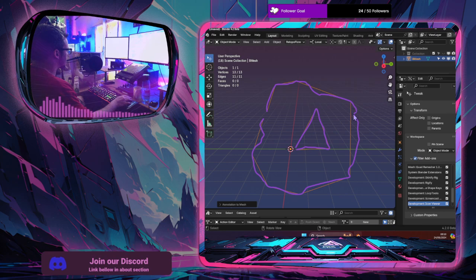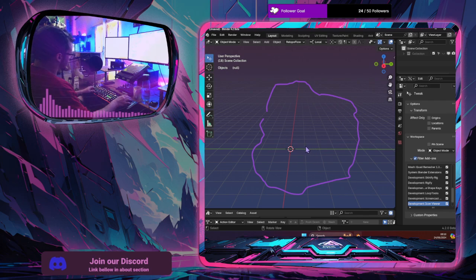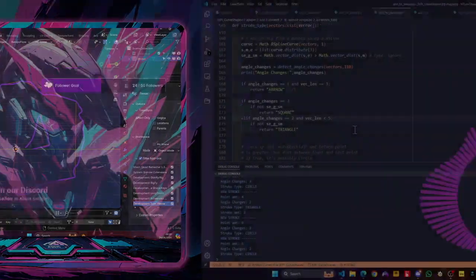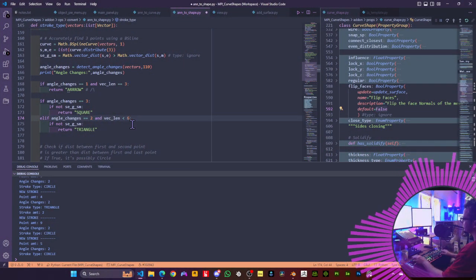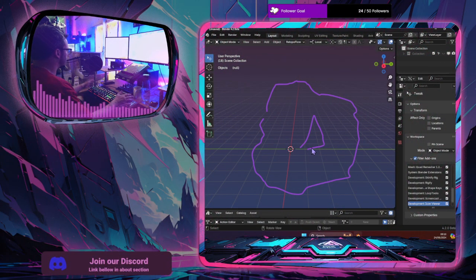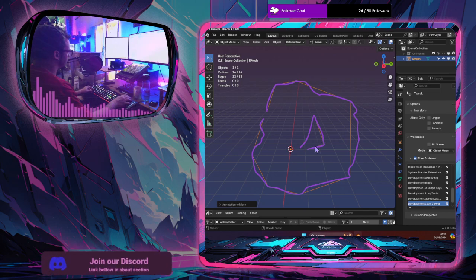So now this big one is a circle and this small one is a triangle. Yeah, but now this gives me a circle. The second one has 5 points. Maybe we should bump this to 6. In this case, we know it's gonna work, so yeah.